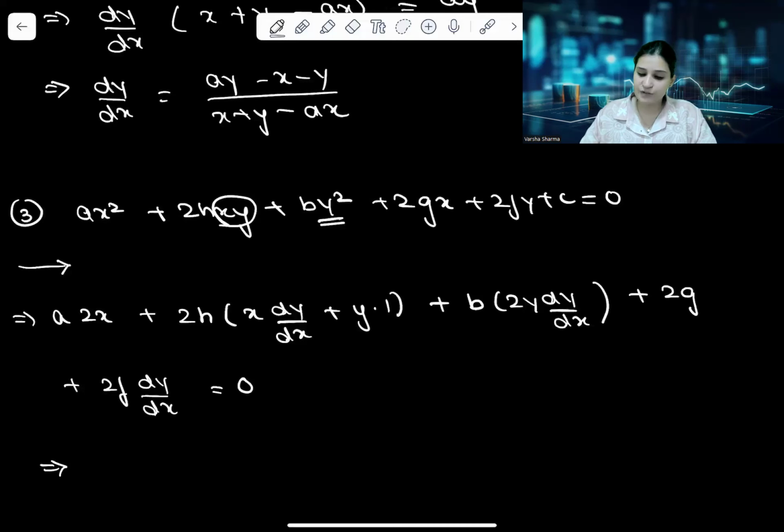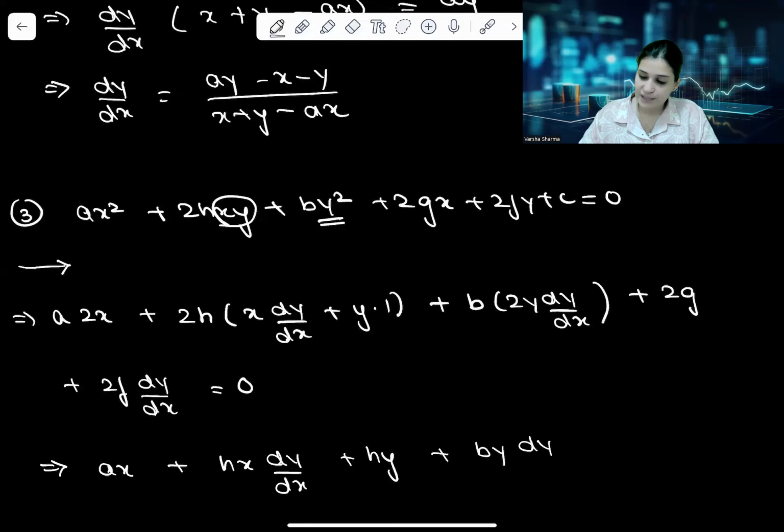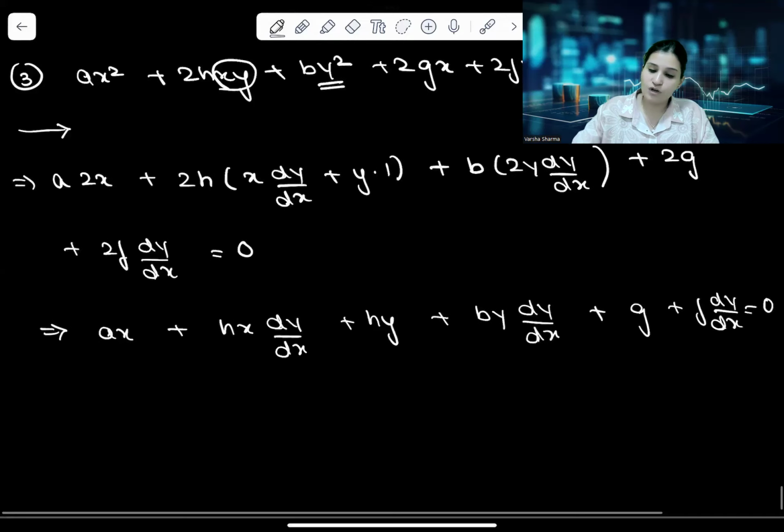Again, all the terms have 2. Let's remove them. ax plus hx dy by dx plus hy plus by dy by dx plus g plus f dy by dx equals 0. Now, all the terms that contain dy by dx, let's take common.